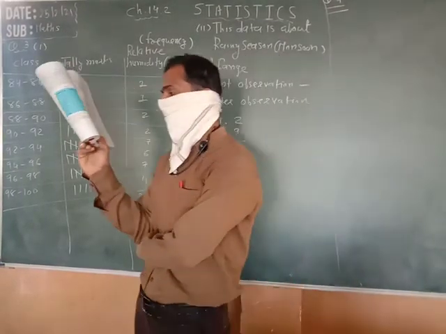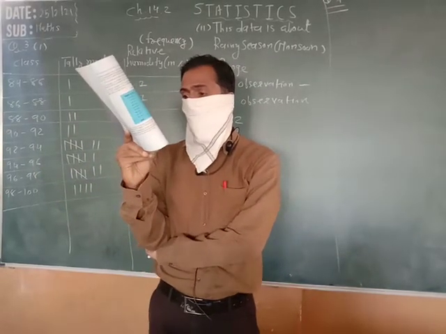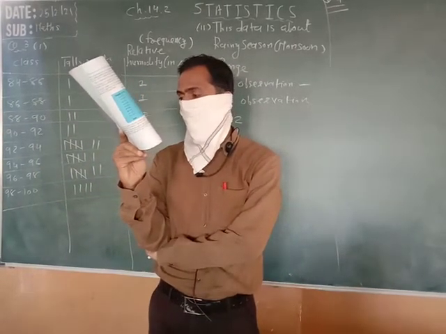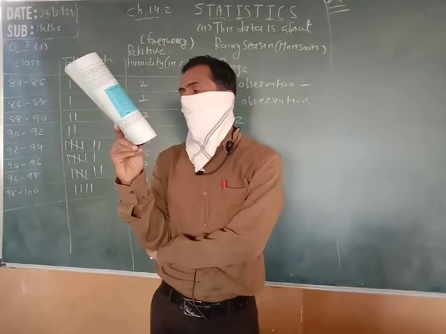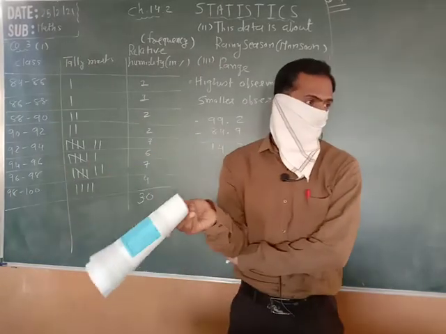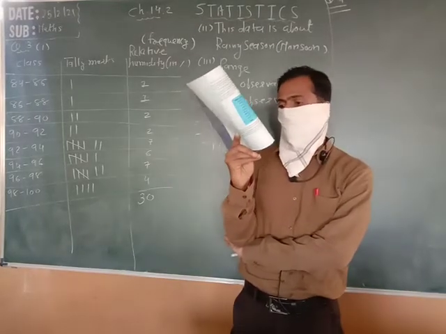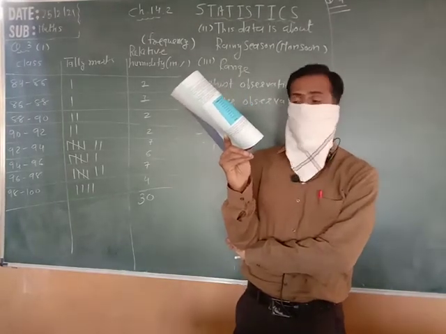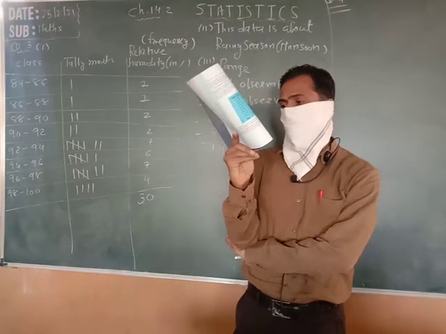It is 150. Make a box around 150. Highest observation? 173. Make a box around 173.